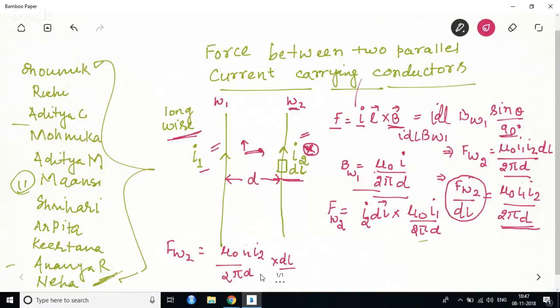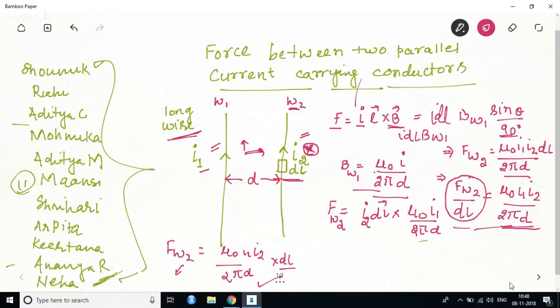If I make this dl 5 centimeter, don't keep it there. Until and unless I am asking force per unit length, don't use the second formula. Only the first formula would be used.